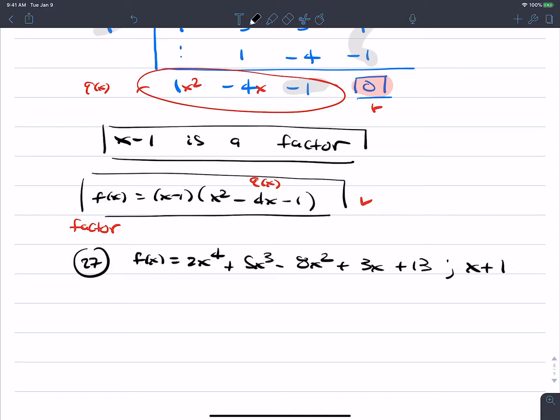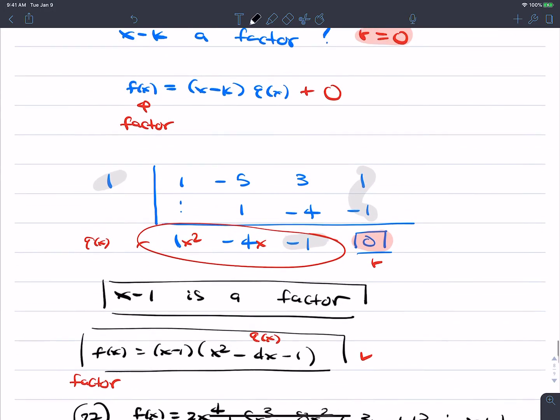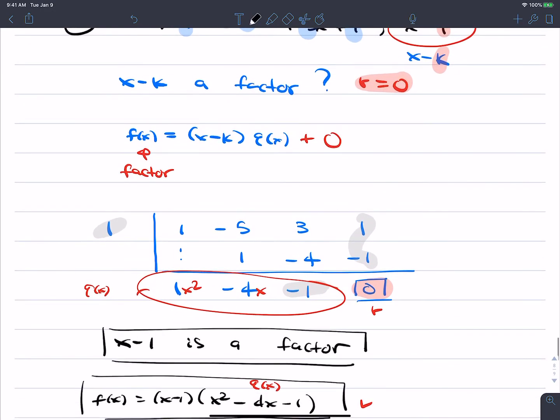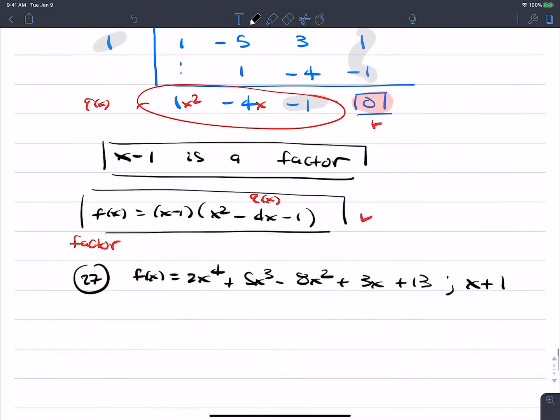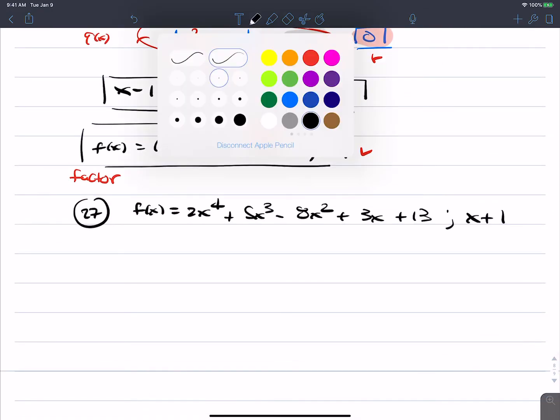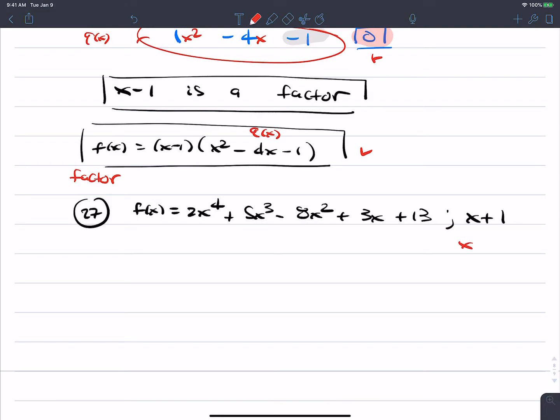So they want to know, is this x plus 1 term a factor? It's going to be a factor when the remainder is 0. But don't forget, we have to write this as x minus a -1 because we need the value for k. This is the k value now.